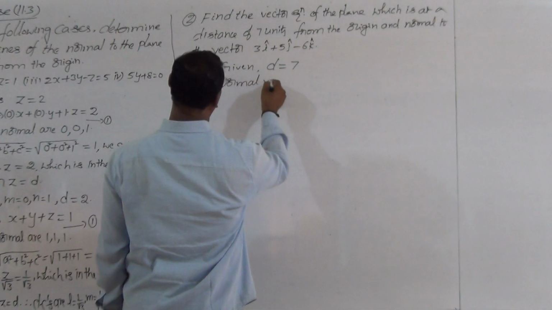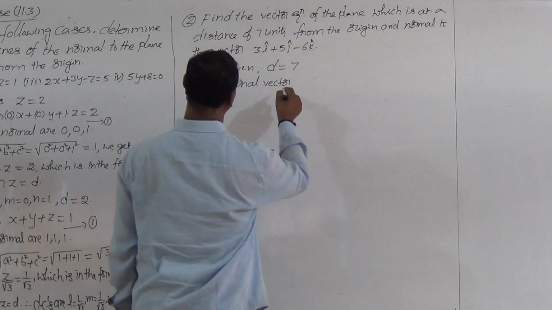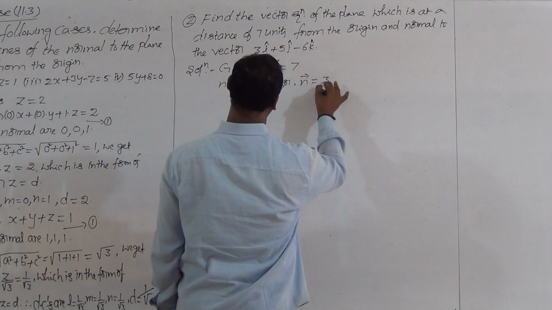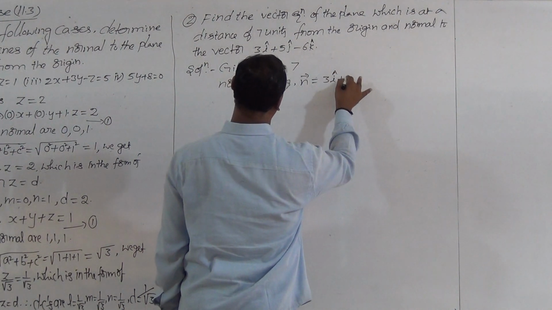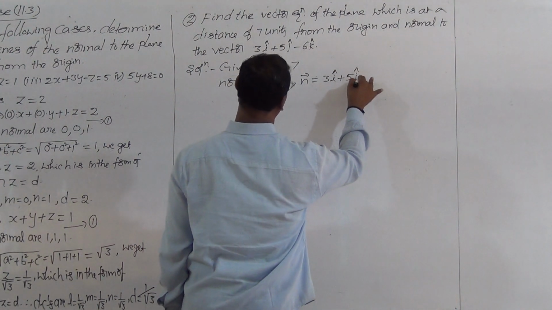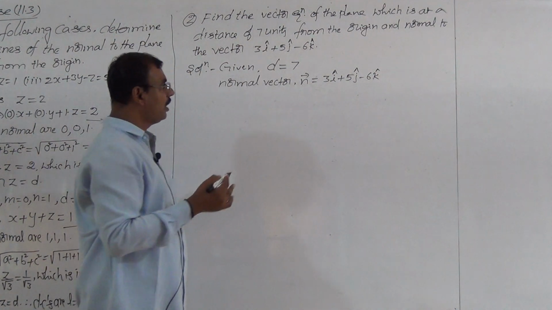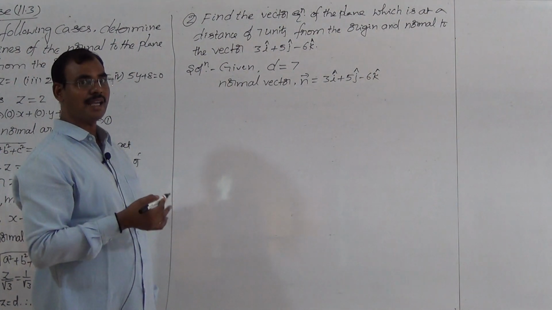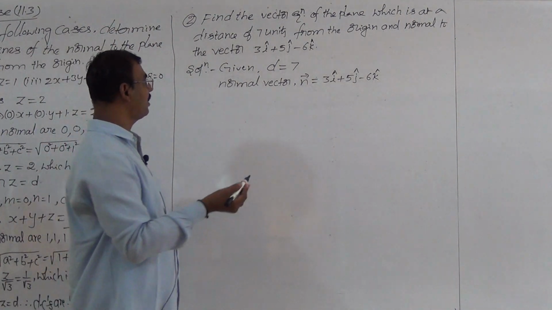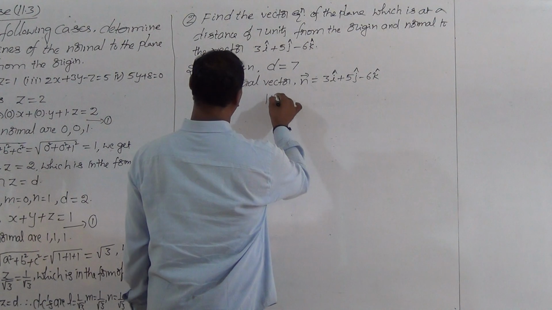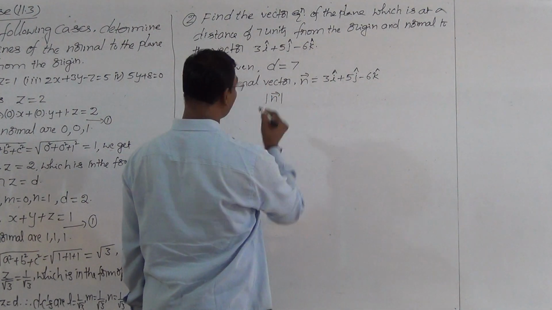Remember, normal vector n bar is equal to 3i plus 5j minus 6k. We need to find n cap. N cap is required, so n cap is equal to the formula n bar by magnitude of n bar.